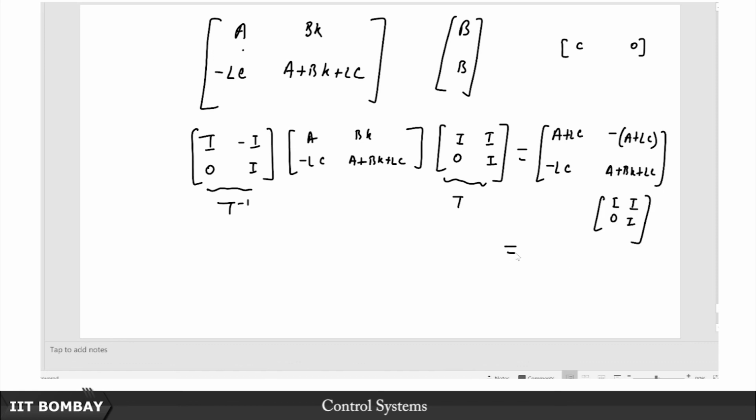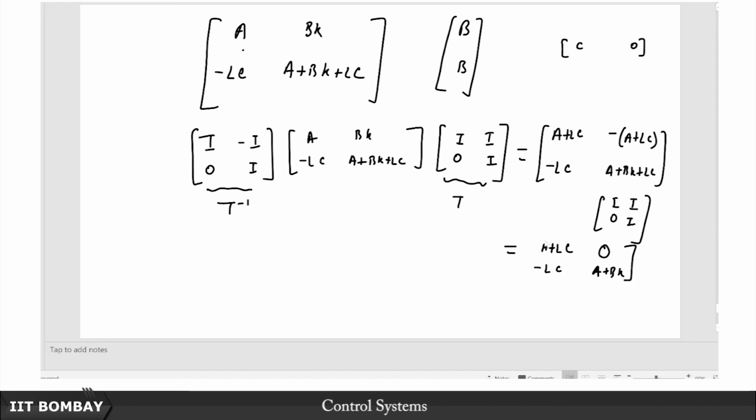So what you will get is of course A plus LC, and the next one is 0, then minus LC, and finally A plus BK.